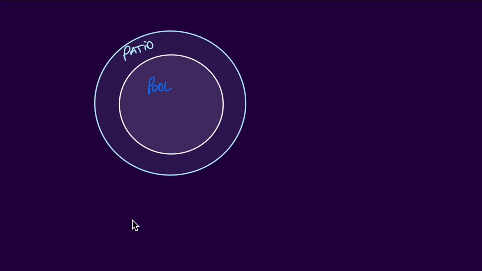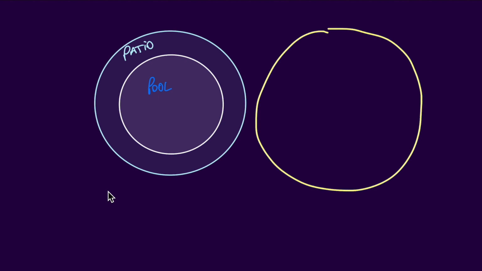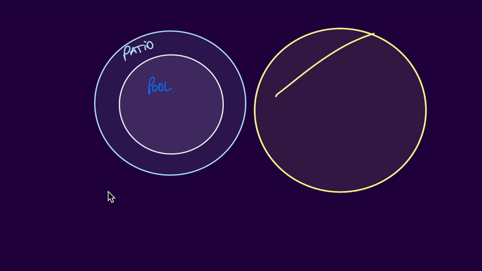Folks, let's now move on to the washer method of finding volume. Folks, if you were a contractor and you were asked to build this patio around a swimming pool, and you were charged with finding the area so that you know how much concrete to pour, how would you do it? Well, what you would do is you would pretend there's no pool there, and you would get this entire area first.